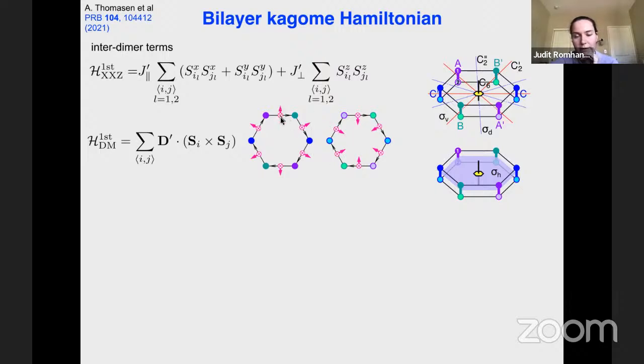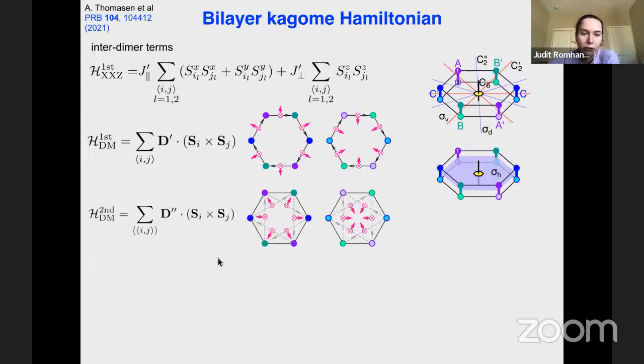What will remain is the out-of-plane, the DZ component of this Dzyaloshinskii-Moriya interaction, that is uniform in the top and the bottom layer. We also take into account the second neighbor Dzyaloshinskii-Moriya, which doesn't really change much, but we would like to map out a phase diagram for these non-trivial bands as a function of D, D prime and D double prime, the first and second neighbor Dzyaloshinskii-Moriya, and see if we can tune a band touching topological transition between these triplets.